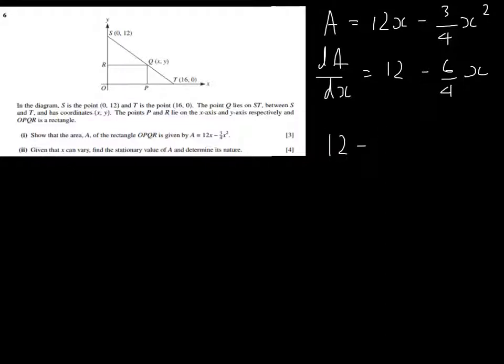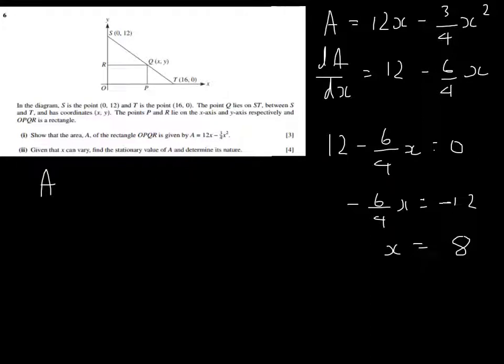So now if we set that gradient function equal to 0 and then rearrange that, we're going to get 8 as our answer in terms of the value for where the stationary value is. We have to make sure we find what the value of the area is.